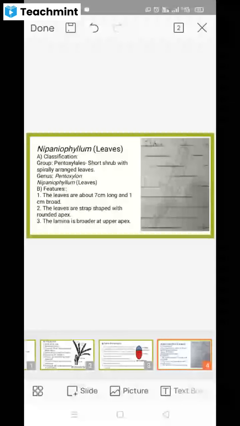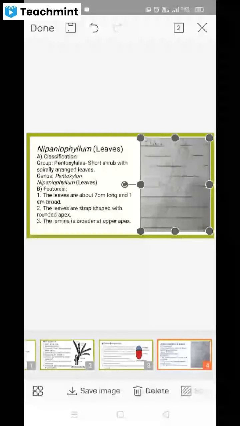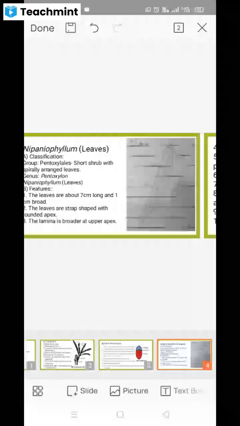Then the leaf lamina, that means the outer sides of the leaves, will be broader at the apex region. They will be narrow at the base and broader at the apex.